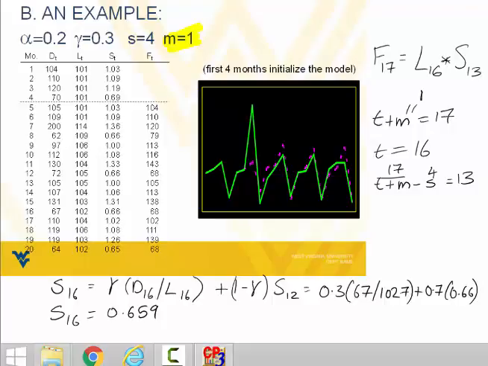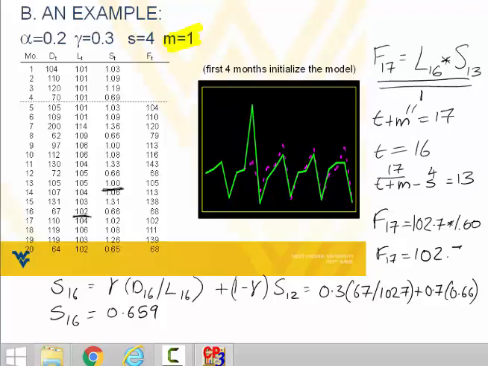Is that clear? So this is correct. So the forecast for period 17 is equal to the level at period 16 and the seasonal index at period 13. To belabor the obvious, it's 102.7.